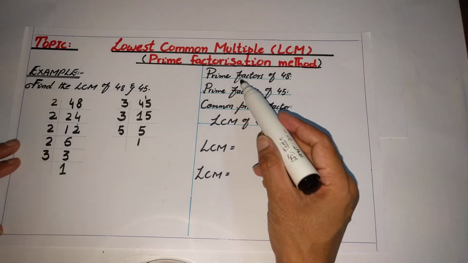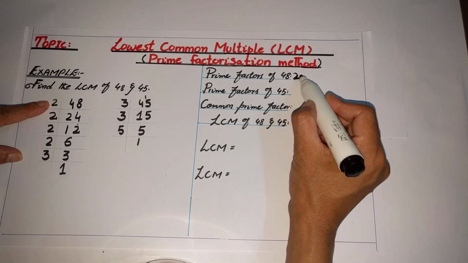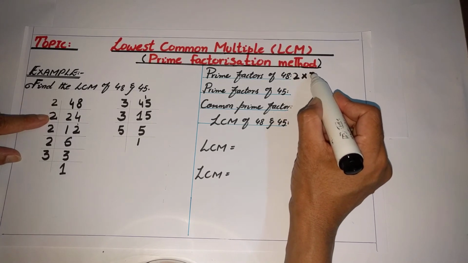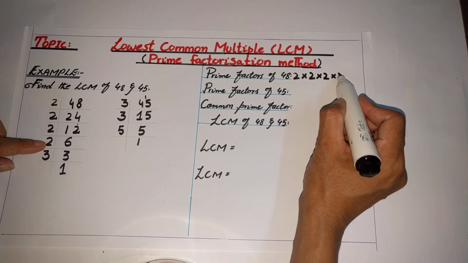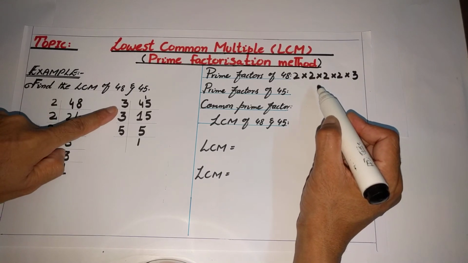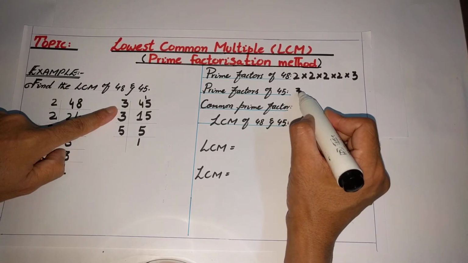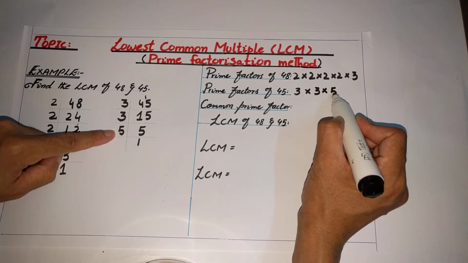According to the steps, we will write the prime factors of all these numbers. Prime factors of 48 are 2, multiply by 2, multiply by 2, multiply by 2 and multiply by 3. Prime factors of 45 are 3, multiply by 3, multiply by 5.